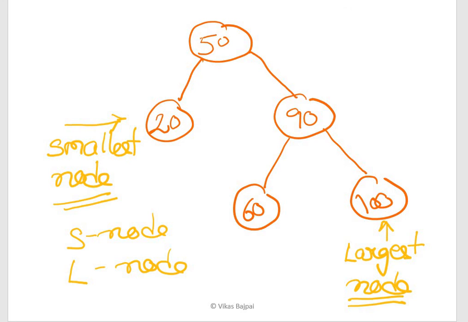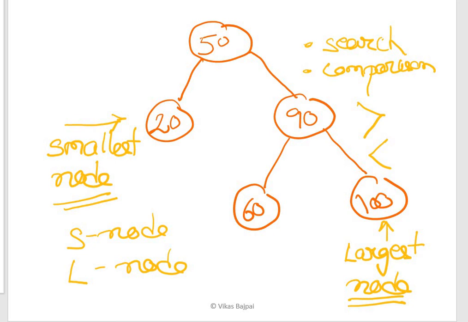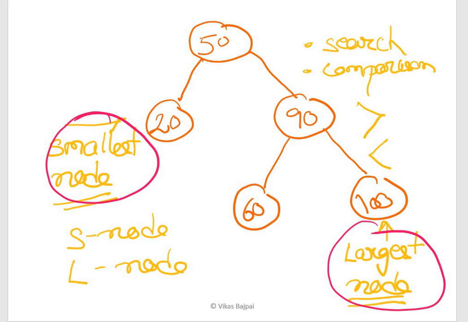Search operation, you know, recursively, moving towards left, moving towards right, which I have discussed in my previous video. Comparison you can easily do using these symbols, and you're good to find the smallest or the largest node.